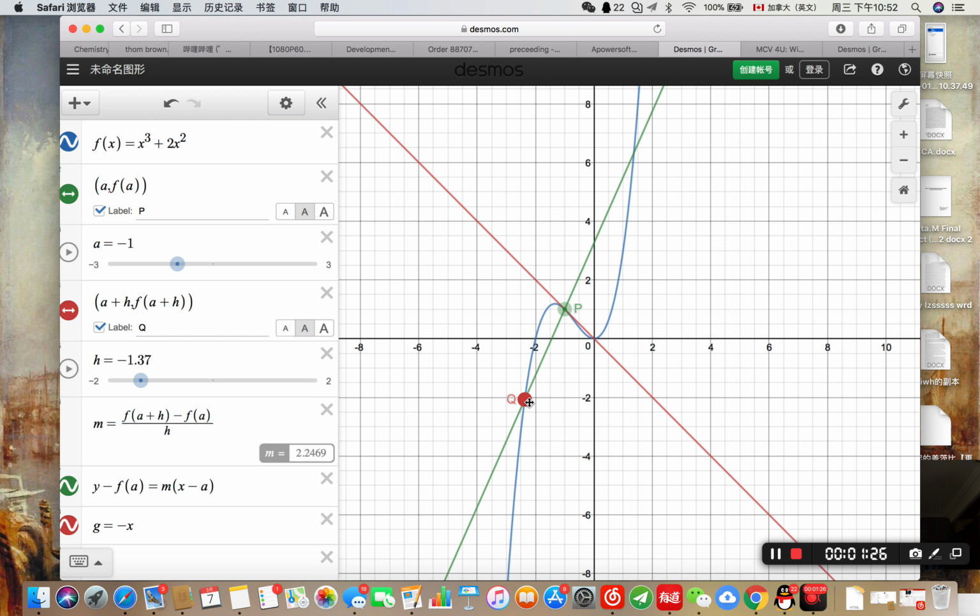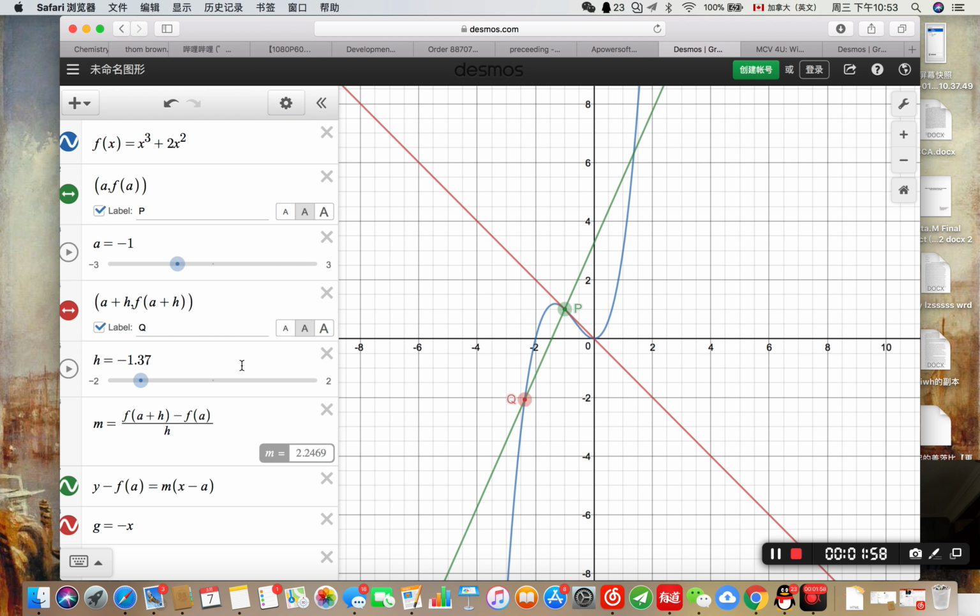Point Q is on the left side of point P, because I need to show you guys the preceding intervals before I introduce the whole formula for you. So point P is on the right side of point Q, which means h is a negative value.